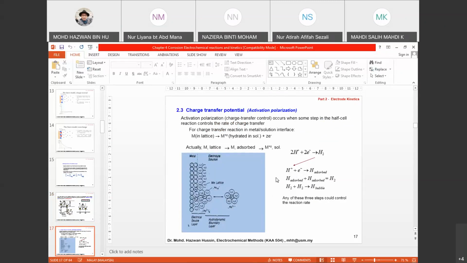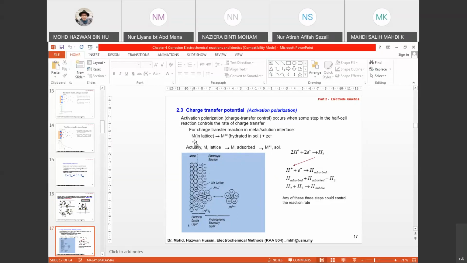Activation polarization, or charge transfer control, occurs when some step in the half-cell reaction controls the rate of charge transfer. This is important in kinetics, where all reactions occur, in order to determine the overall rate of reaction.